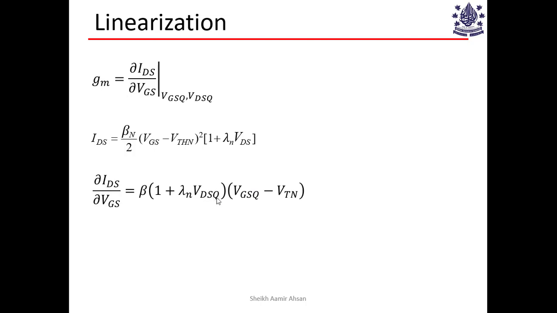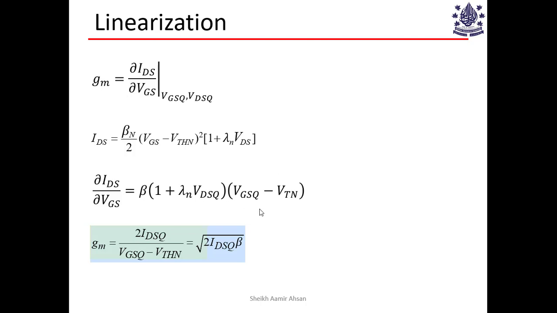Note that this is VDSQ, the quiescent bias condition. Similarly, we have VGSQ minus V threshold. If we rewrite this equation, we can write GM in these two forms, in terms of the quiescent drain to source current as well as the quiescent gate to source voltage. So once you know the quiescent operating point of this MOSFET, you can find out the small signal transconductance GM.